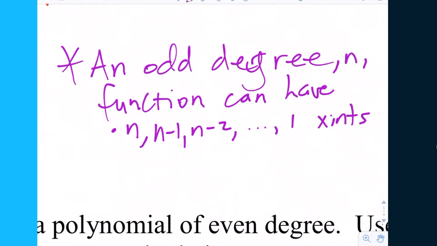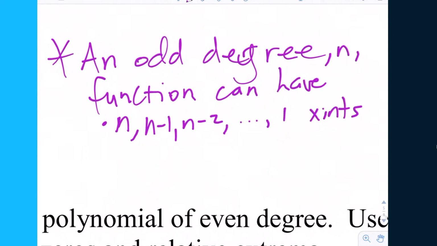But can it have 0? No. So what does this mean? Let's say I have a 7th degree polynomial. It can have either 7 x-intercepts, 6, 5, 4, 3, 2, or 1, but not 0. There's a guarantee of an x-intercept.